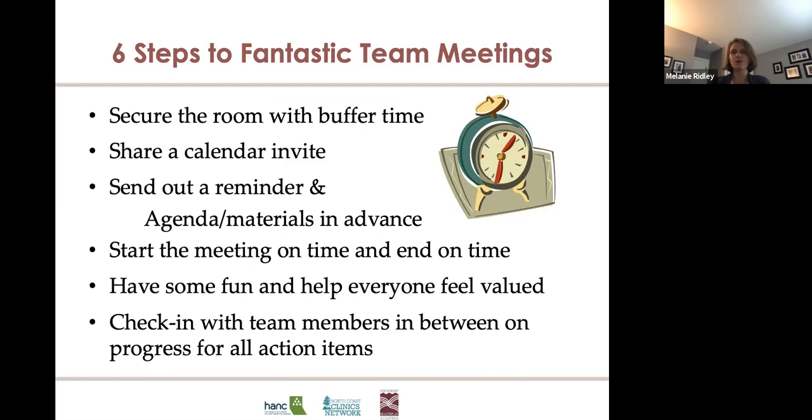Really key, as you've pointed out. Have some fun, make sure everyone feels valued. This is going to make everyone want to come to the meetings, and you'll have that consistent attendance, hopefully. And then make sure you're checking in with team members in between on progress. Just a good sort of checklist to keep in front of yourself as you're managing teams and team meetings.